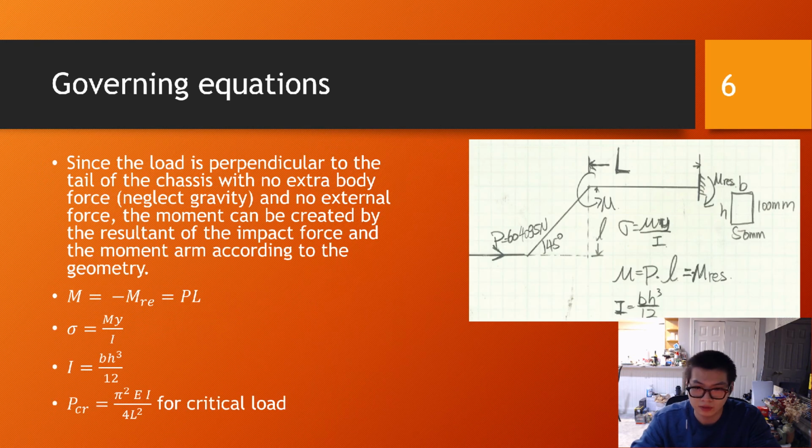For the governing equation, I did a hand calculation for the pure impact on the truck, because the force is only facing the chassis without any other direction, like vertical or horizontal. So it's basically a compressed beam problem with all the governing equations as follows.